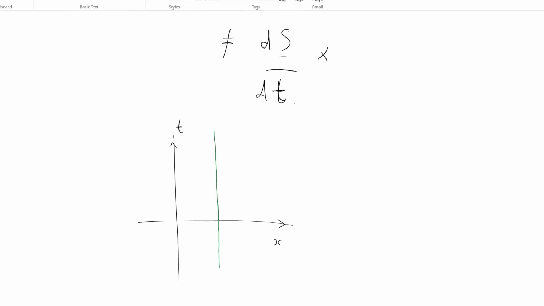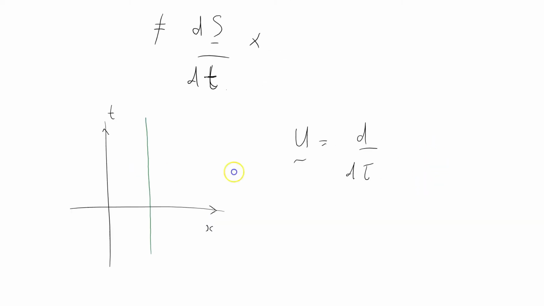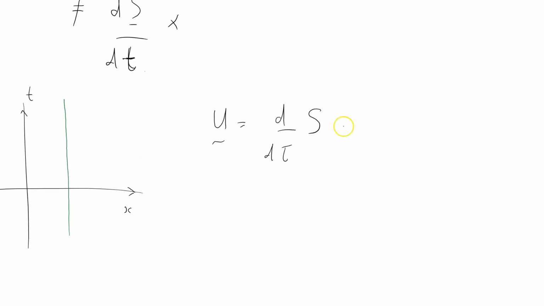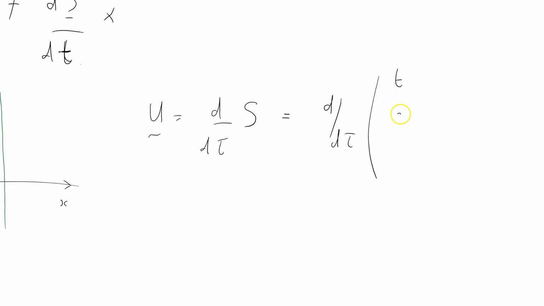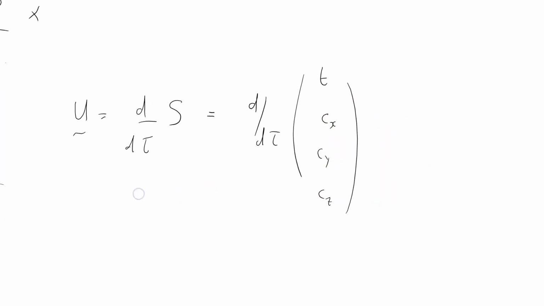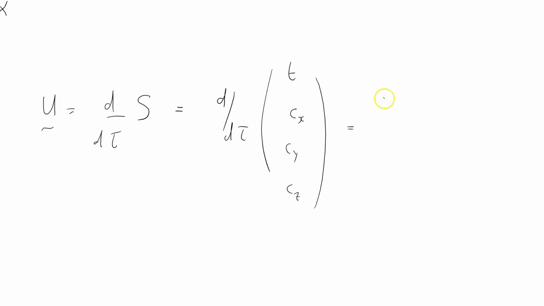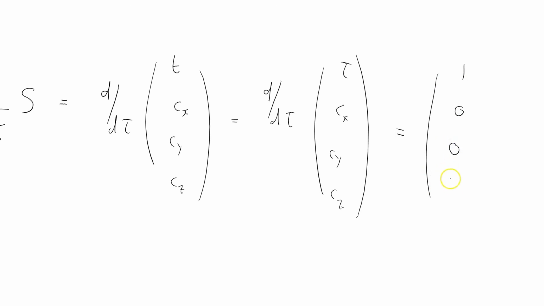So u is d by d tau of s, which equals d by d tau of t, x, y, z, where x, y and z are just constants, cx, cy and cz. Writing tau instead, that equals 1, 0, 0, 0.